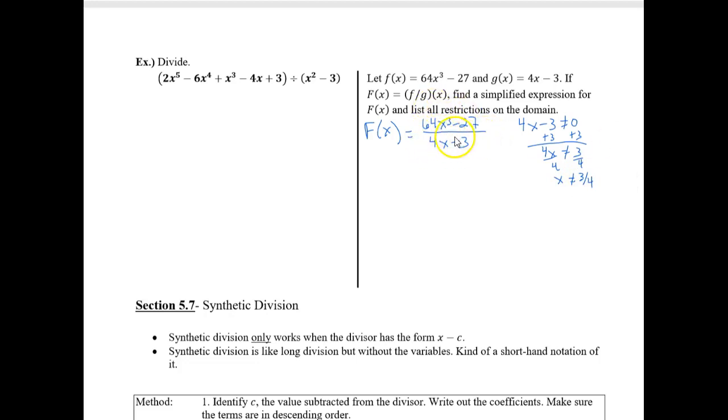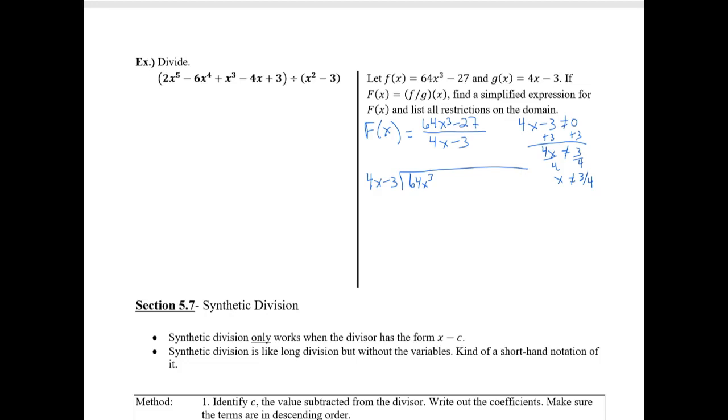Now, let's simplify this. Remember, a fraction bar itself is division. So I need to take the polynomial in the numerator and divide it by the polynomial in the denominator. I'm going to set up long division, and remember, we want our long division to be in descending order. So I'm dividing by 4x minus 3, and 64x cubed minus 27 is what's being divided. But I want to make sure I account for all the different degrees.